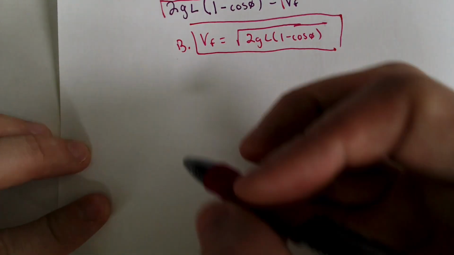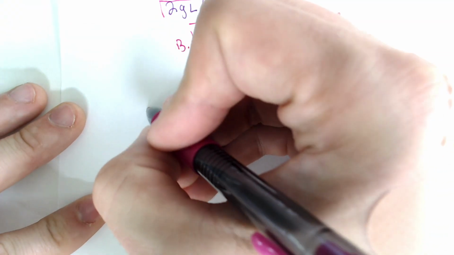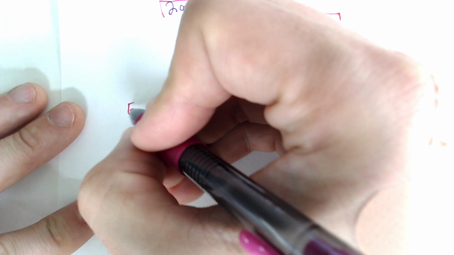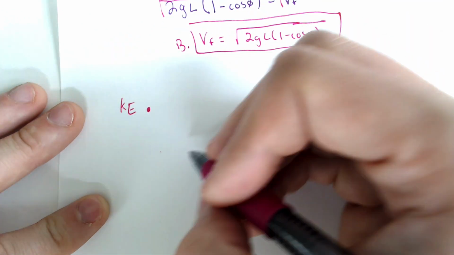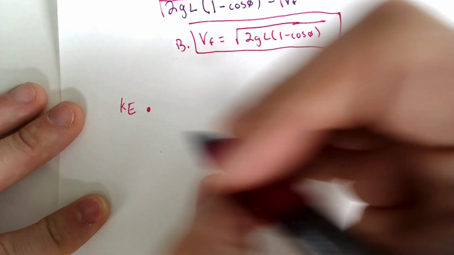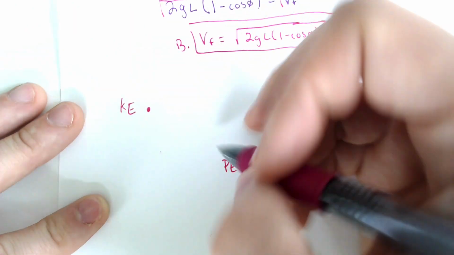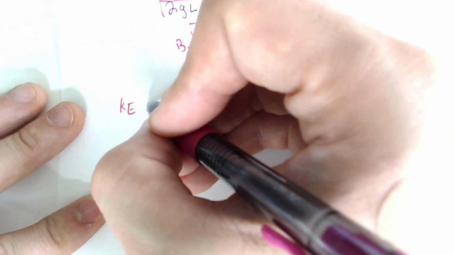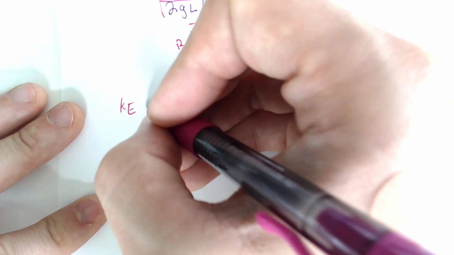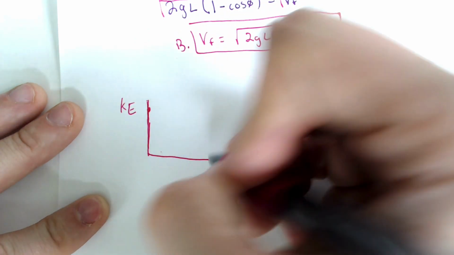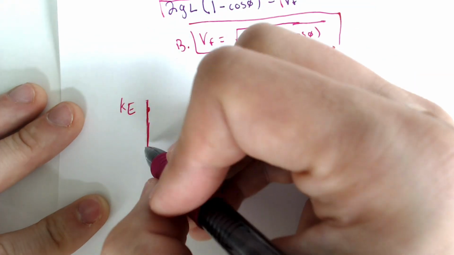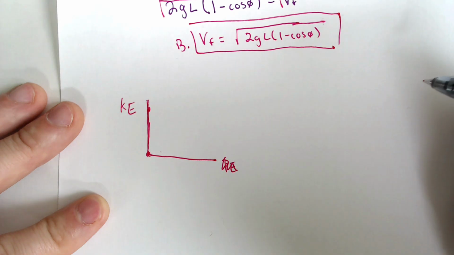With a pendulum, if you think of kinetic energy versus potential energy, the kinetic energy at the top of the pendulum would be 0.